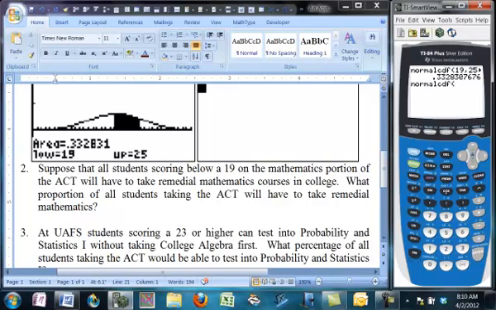Now, the problem is that we can't really put in minus infinity. But what we can do is put in M minus 10S, and that always makes a pretty good estimation for minus infinity, because that goes 10 standard deviations below the mean, and that will probably give us a decent value.